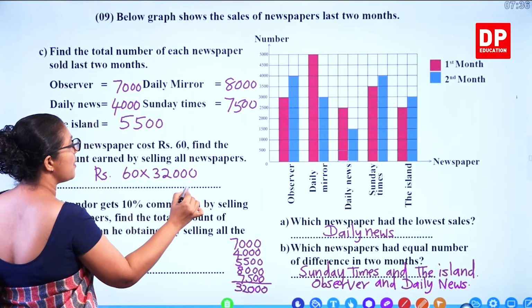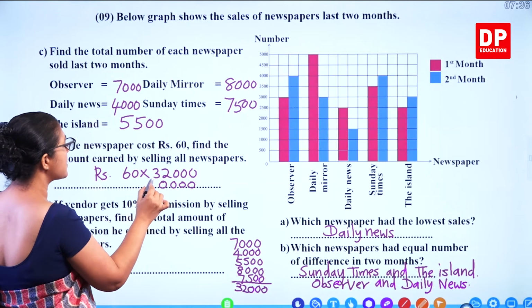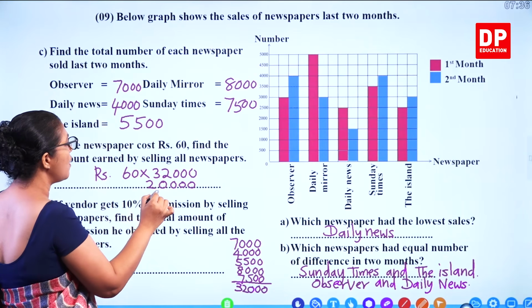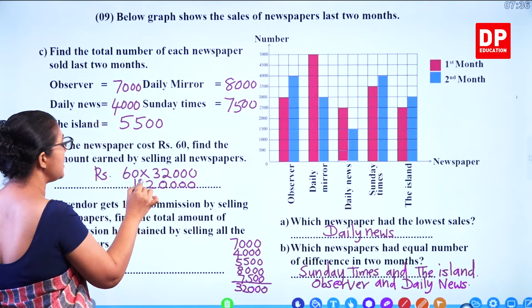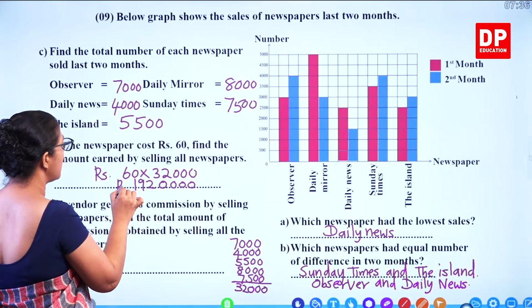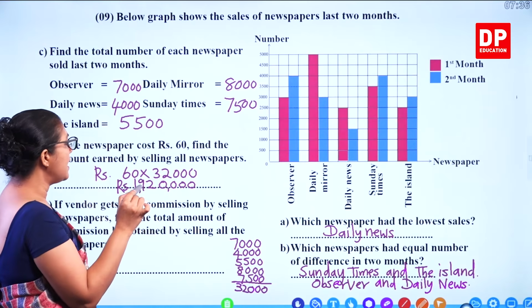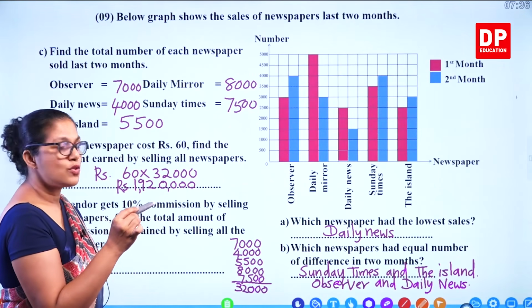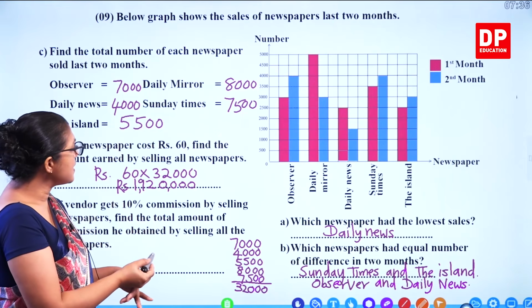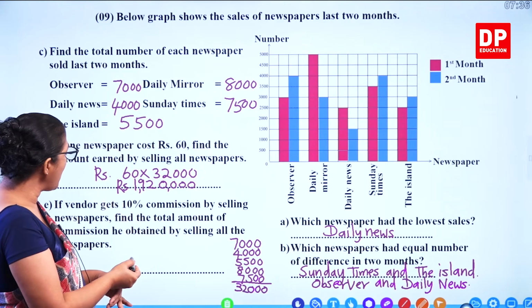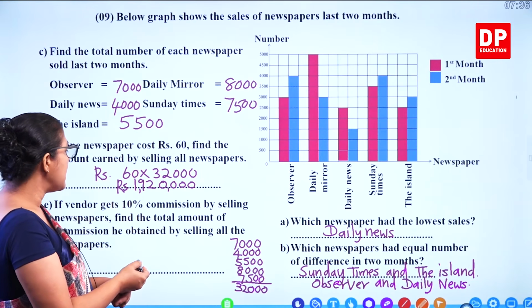So multiply, you can put 4 zeros and multiply by 6. 6 times 2, 12. 1 remaining. 6 times 3, 18 plus 1, 19. So this is 1,920,000.